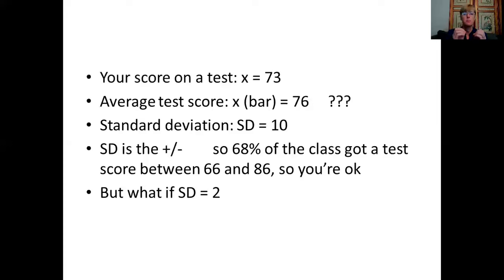Now it means 68% of the class got what? It got between a 74 and a 78, right? Because that's the plus or minus, from below to above the mean. 74 to 78 is 2 below to 2 above. So 68% of the class got somewhere between a 74 and 78, and you got a 73.